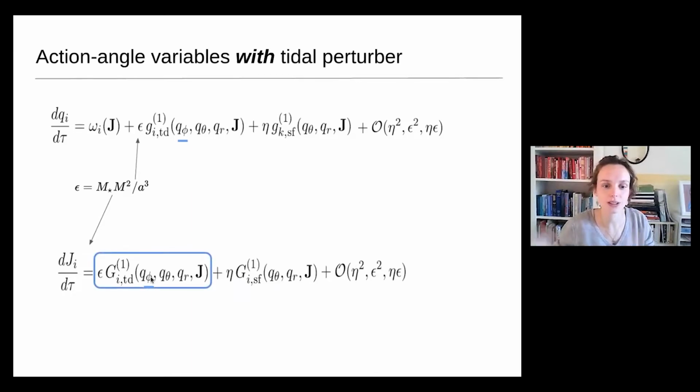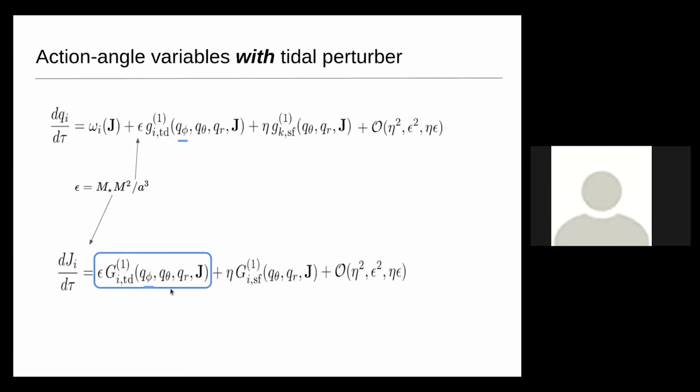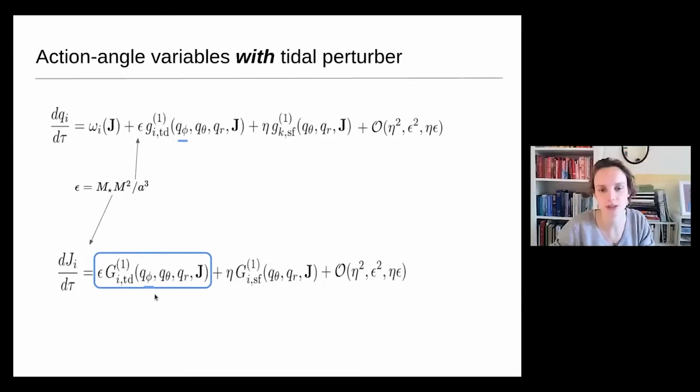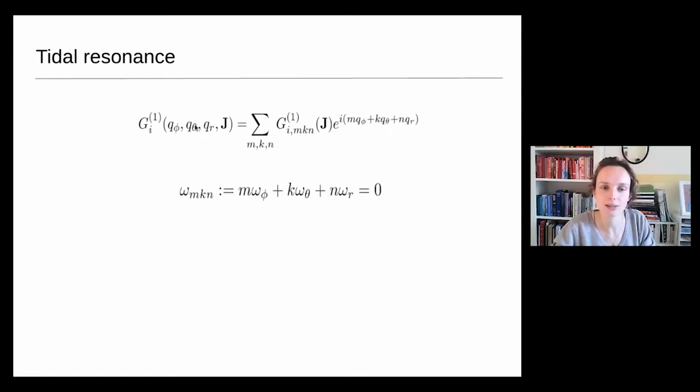Now, if we start to do this adiabatic approximation again, we only need to worry about the average of this term. And when we do that, again, we'll use the fact that we can nicely use Fourier decomposition. And we see now that in our Fourier decomposition it's more general. We need to include these q phi terms.